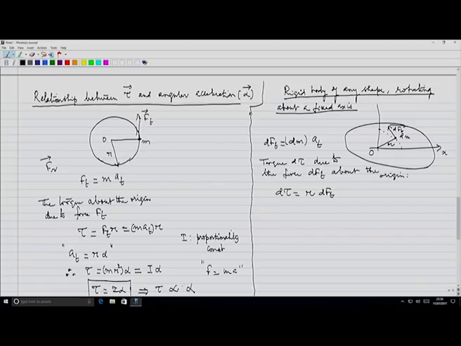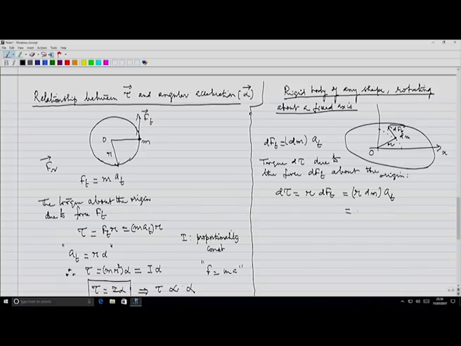The direction of force and r are perpendicular, therefore it simply goes to this. What is dFt? dFt is dm times a sub t, the tangential acceleration, and we know the tangential acceleration is r alpha.